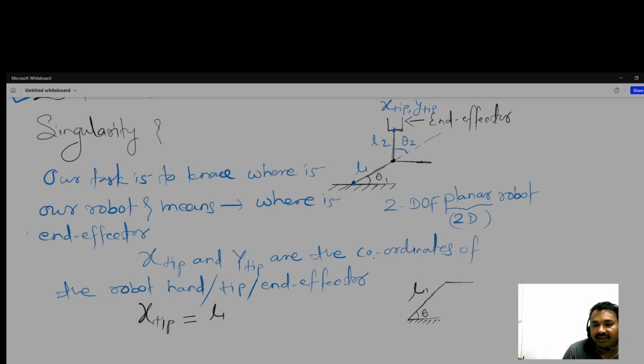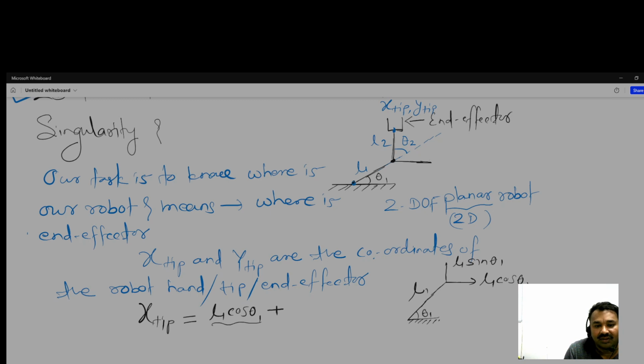So what about its horizontal and vertical components? The horizontal component is L1 cos theta 1, and the vertical component is L1 sin theta 1.